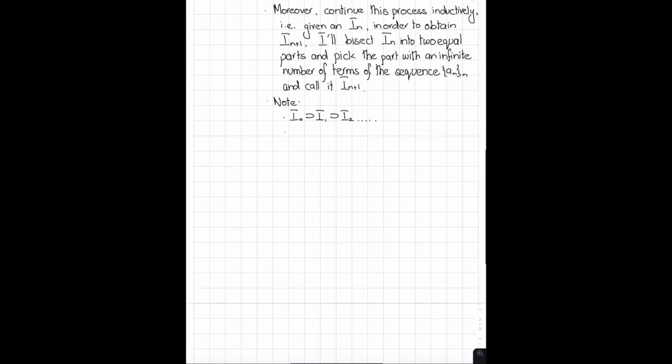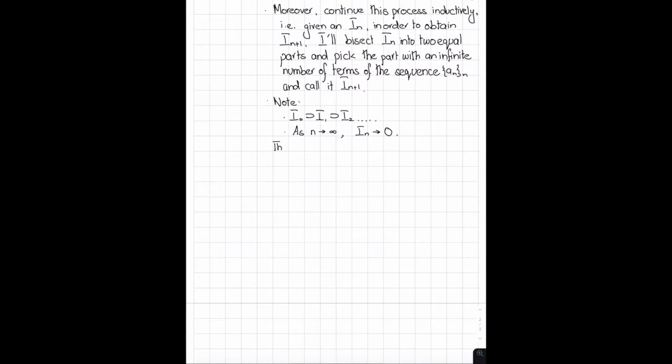How do you prove that? You can just say the length of each interval is b minus a divided by 2 to the power of n, and as n approaches infinity, that goes to 0. For now I'm just going to say as n tends to infinity, I of n tends to 0.